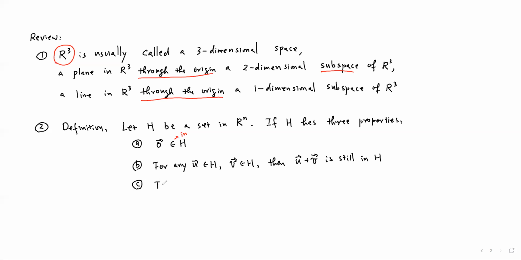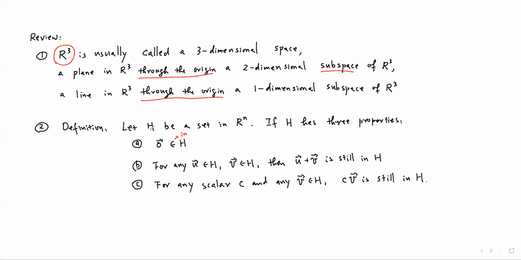Property C, for any scalar, say C, and any vector from H, C times the vector is still in H. Property C, we call it H is closed under scalar multiplication.